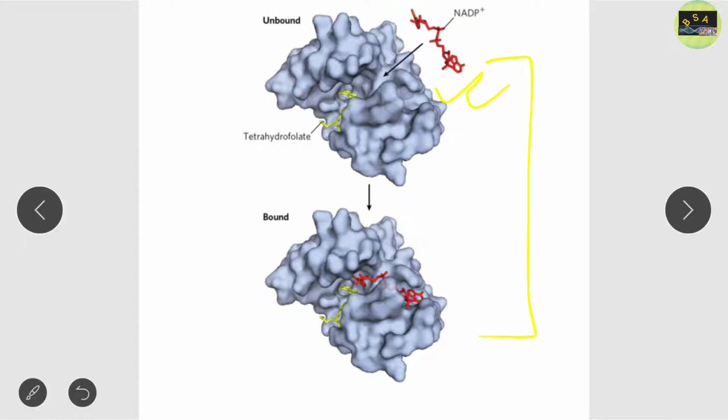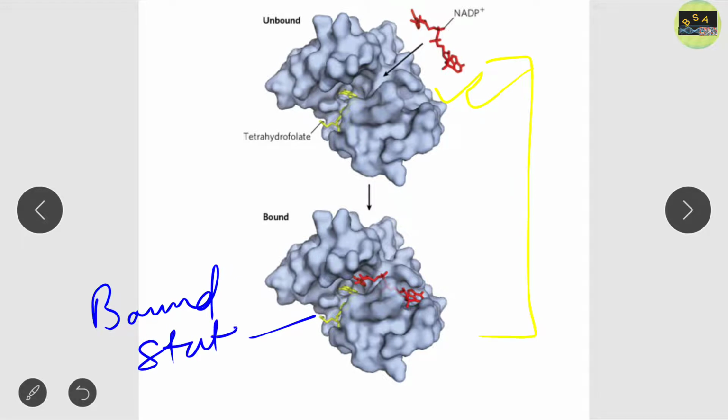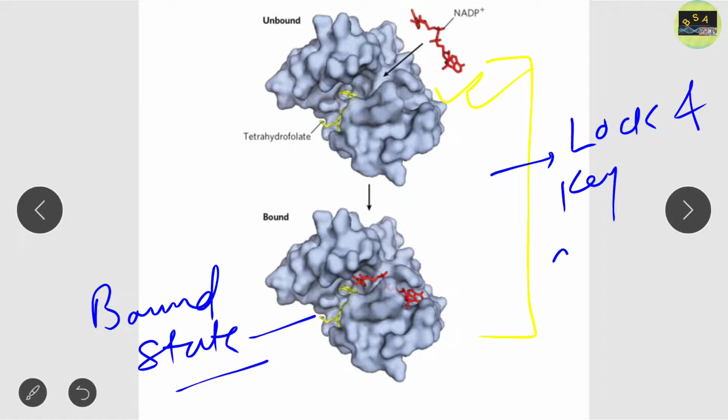This is the unbound state of the enzyme, and this is the bound state of the enzyme after the substrate has bound. So this figure represents the lock and key model. Clear? What does the lock and key model explain?